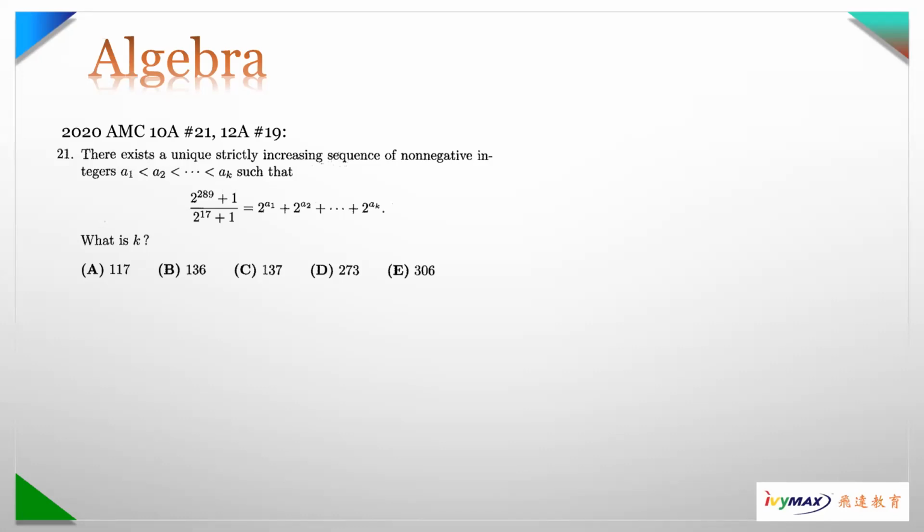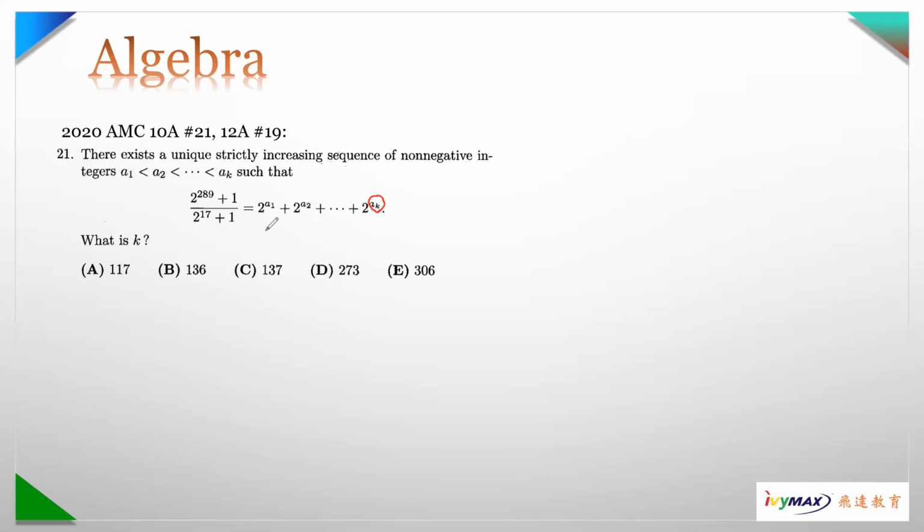To understand the problem, what does k mean? k is not the value of the last exponent. k is the number of exponents, because k is the index of that a.